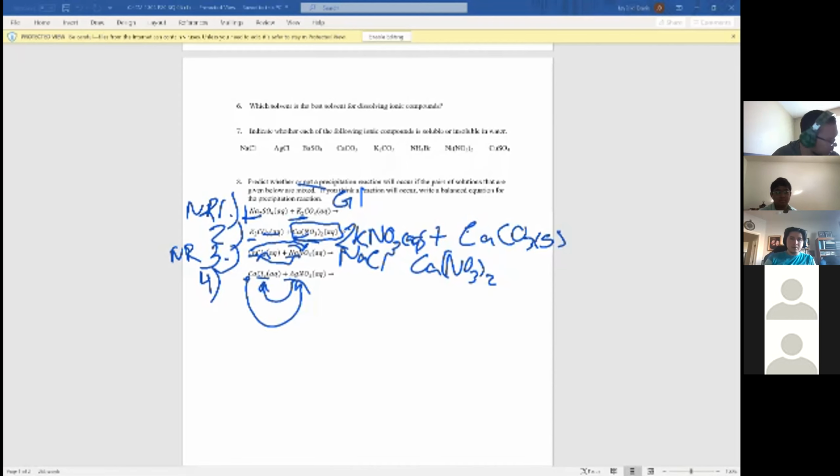So yeah, silver chloride, right? Soluble or insoluble? Remember what chloride is as well? Insoluble. Soluble. Yeah, calcium is normally soluble, right? Do halides have any exceptions, since chloride's a halide?